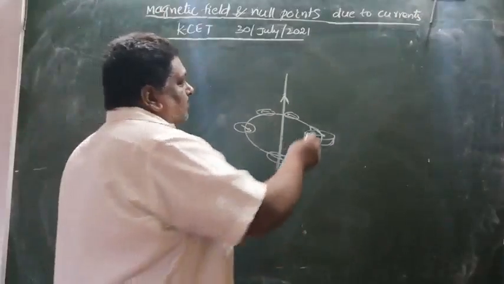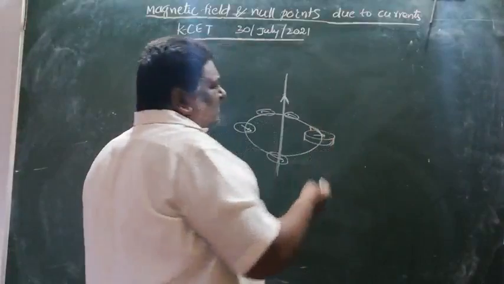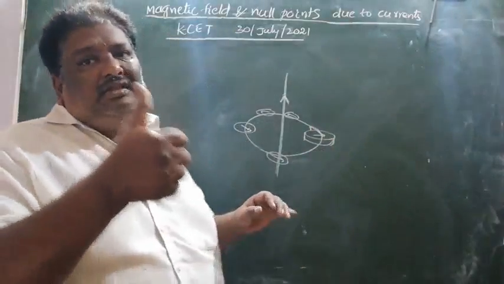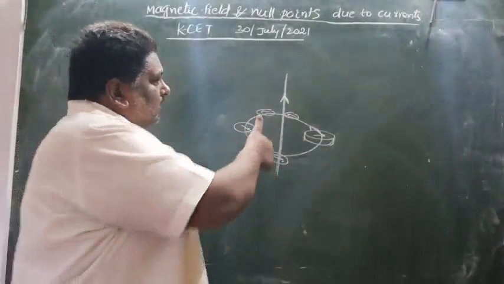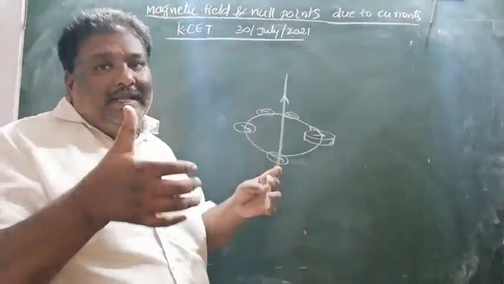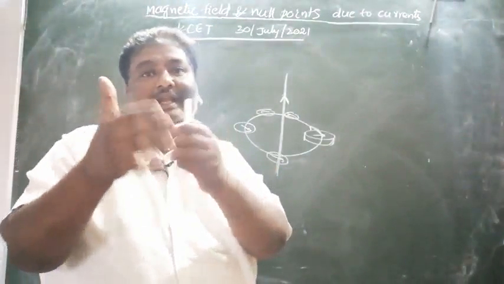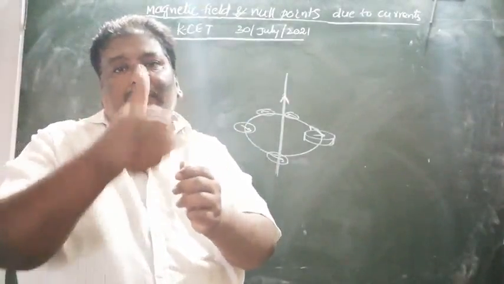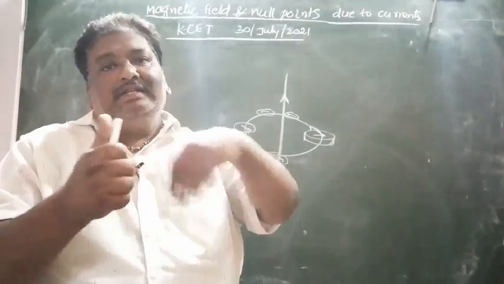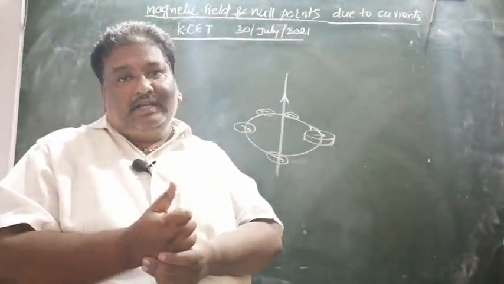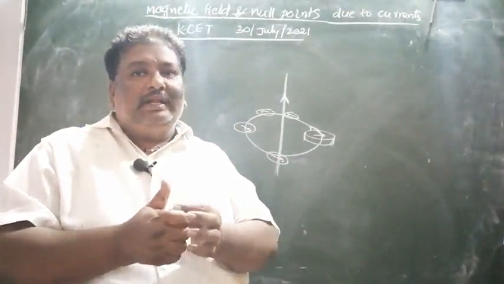Suppose, it is easy to understand by the right hand thumb rule. If you hold the current carrying conductor in your right hand, with the thumb in the direction of current, then the fingers show the direction in which the magnetic field is generated. I shall repeat again.